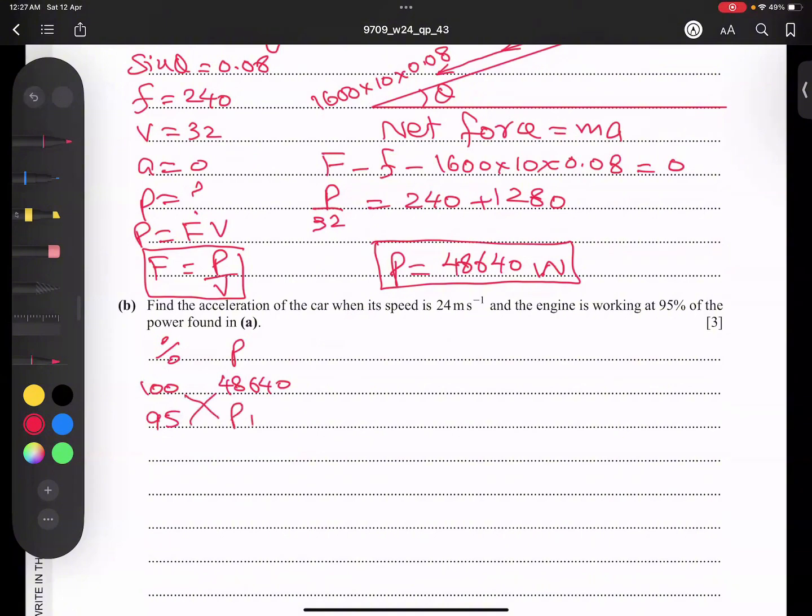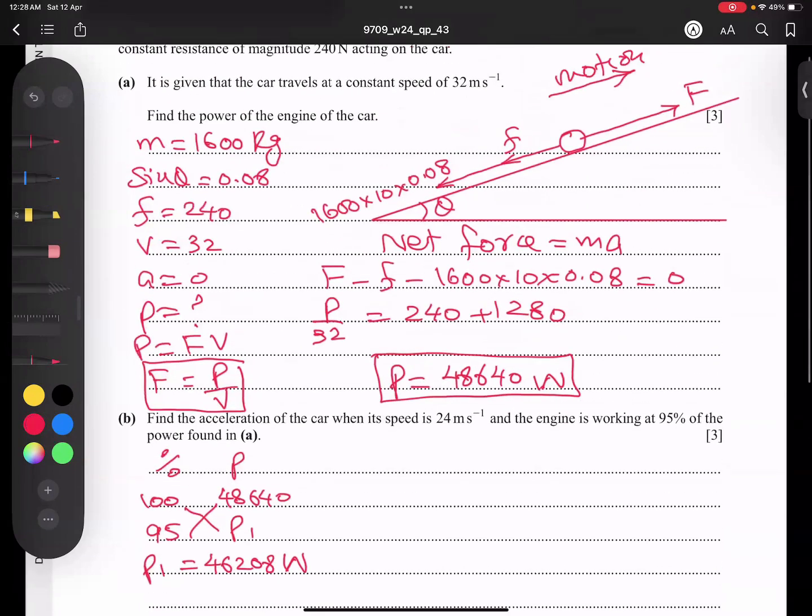P1, cross multiply. I find it by the calculator, times 95 divided by 100, and I'm getting here power 1 is 46208 watts. Okay. So now the situation is the same. Again, I will take it.